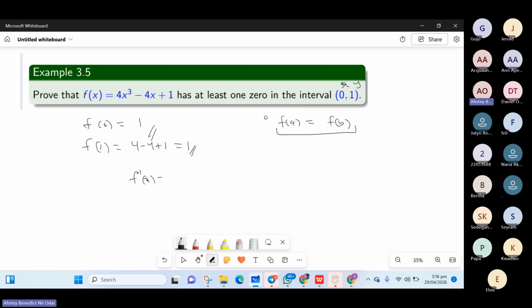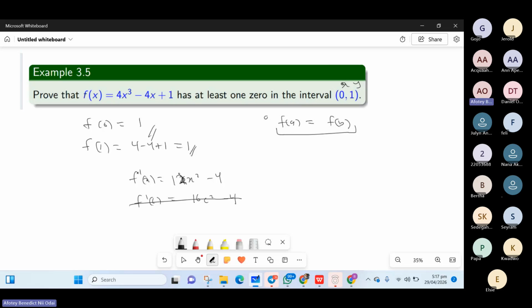So f prime of x gives us 12x squared minus 4.